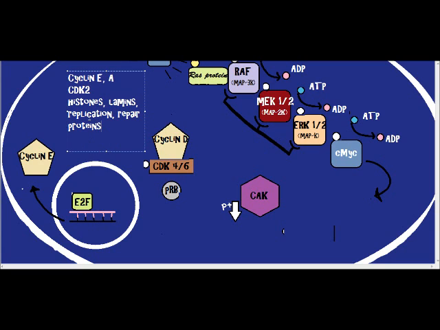It's important to note here that cyclin E is produced. Once cyclin E is produced, it means you have successfully passed through the G1 checkpoint. That cyclin E is involved in a positive feedback loop.